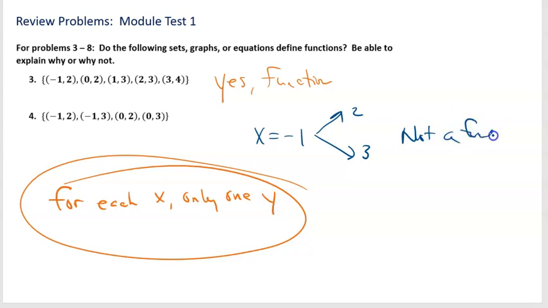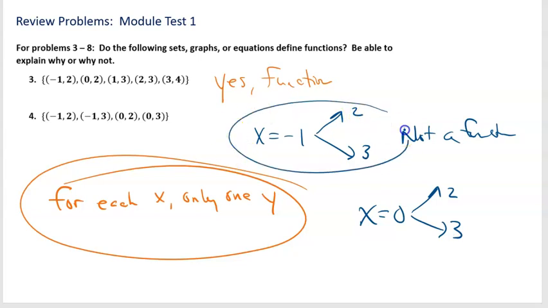You also might have noticed that for x equals 0, you also get 2 different y values. But it only has to go wrong one time. I made this particular one go wrong in 2 different ways. But this is enough to say that number 4 is not a function. Whereas number 3 is a function because the x's do not repeat. For each x, you only get one y.